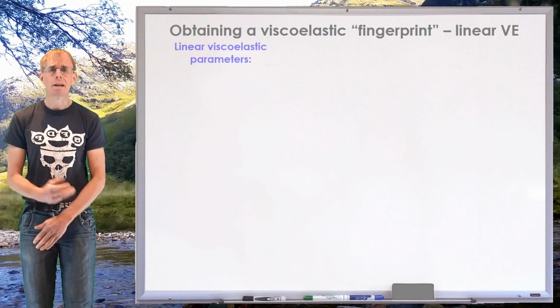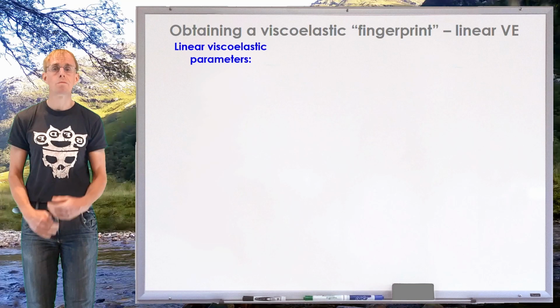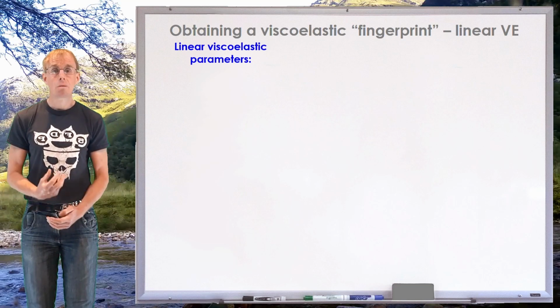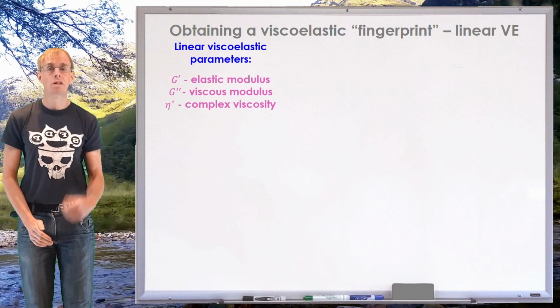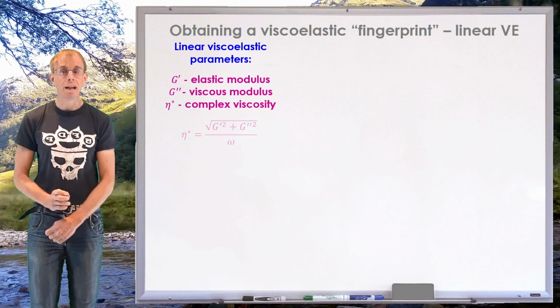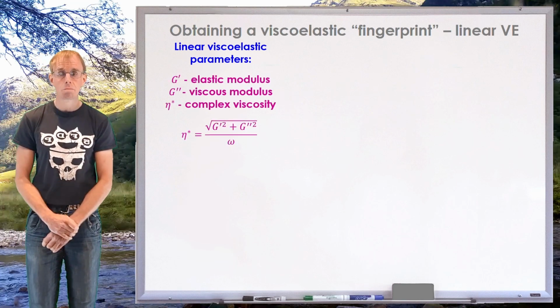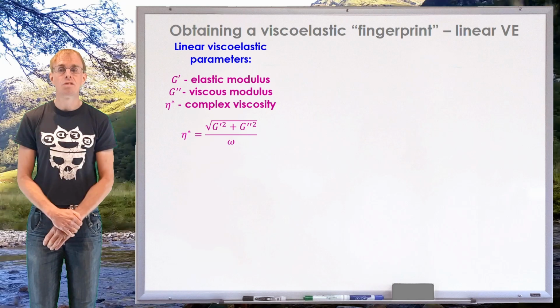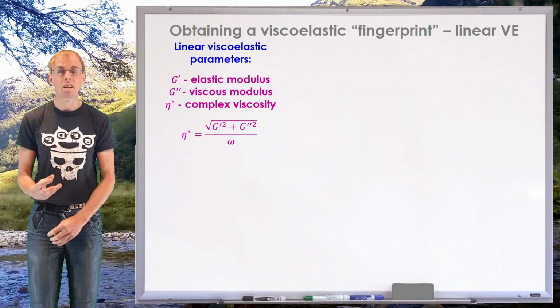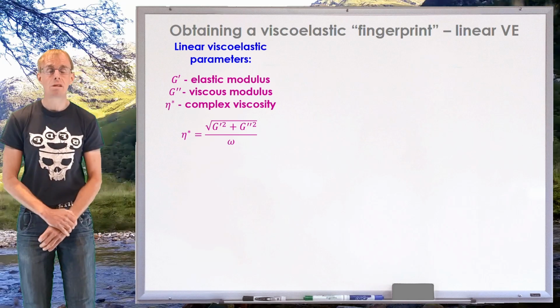Now, thinking back to 640, we talked about linear viscoelasticity. When we were talking about linear viscoelasticity, I introduced two key parameters, the elastic modulus and the viscous modulus. We can combine these two parameters together to get a viscosity-like quantity called a complex viscosity.